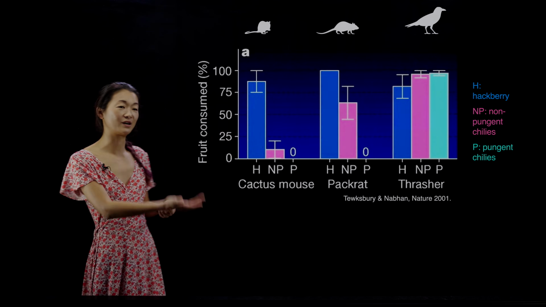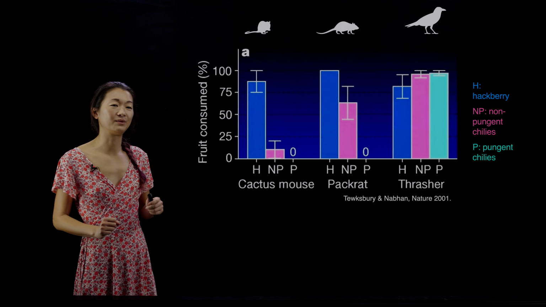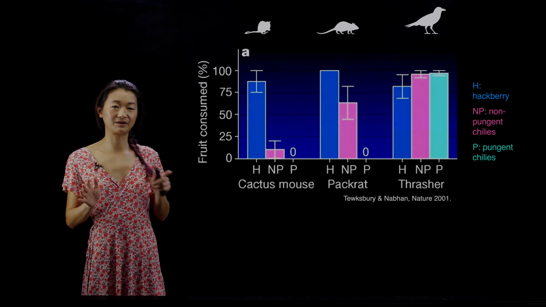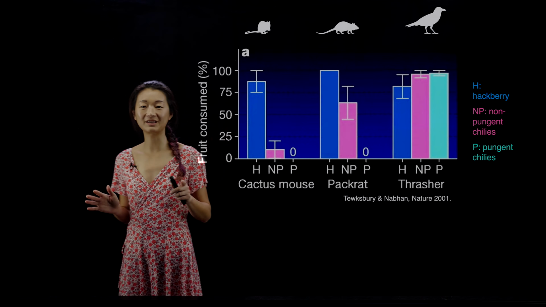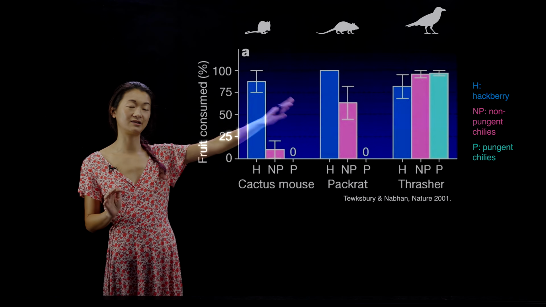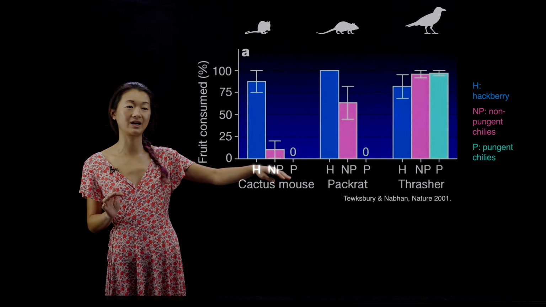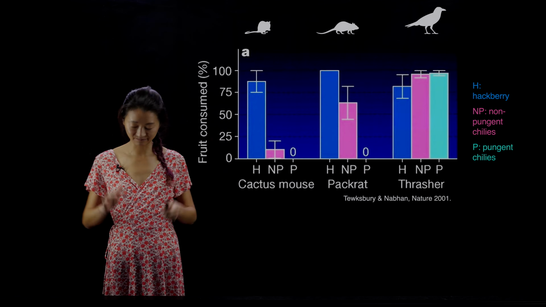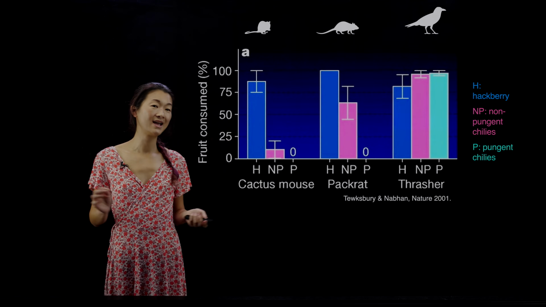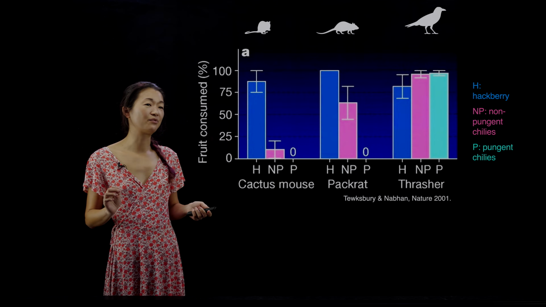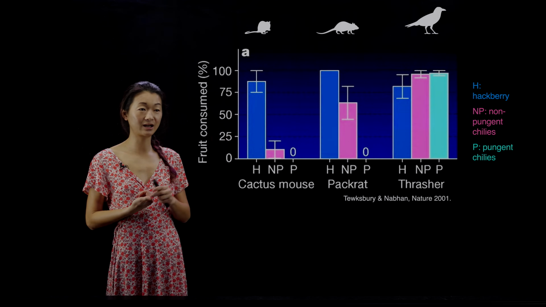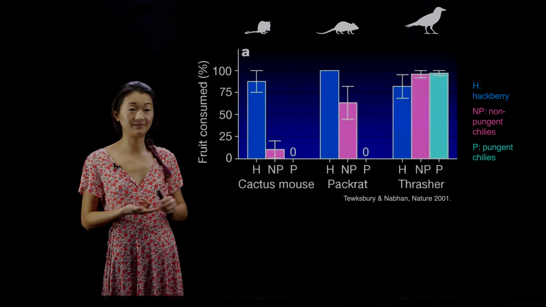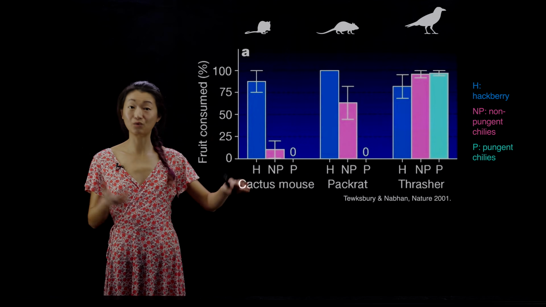So here's an experiment, and this was really a clever experiment. What they did was they compared 3 different types of animals: a cactus mouse, a pack rat, and a thrasher, a type of fruit-eating bird, and they fed them 3 different types of fruits: the hackberry, non-pungent chilies, and finally pungent chilies, chilies that are quite spicy.